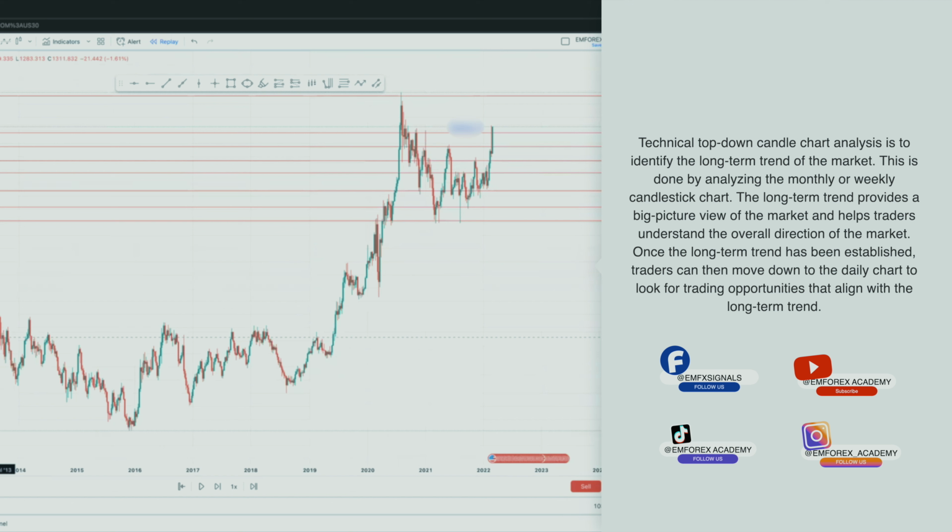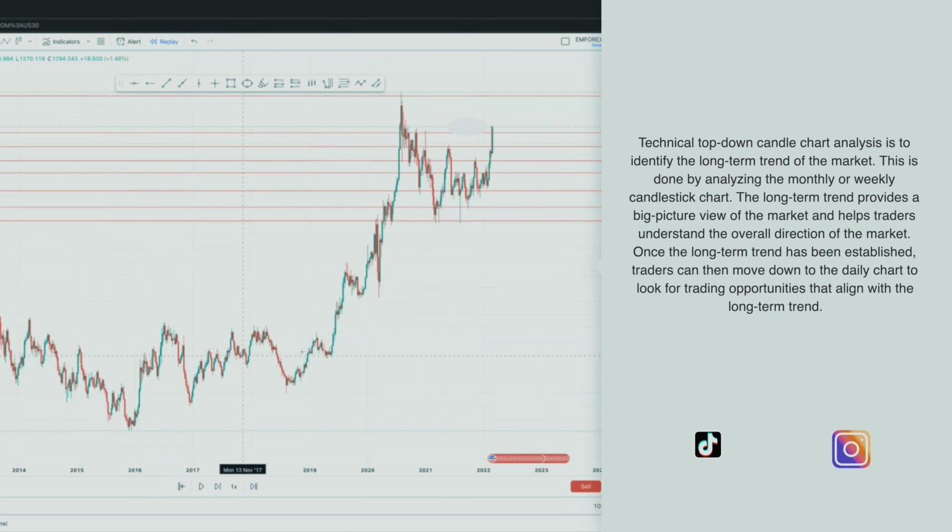The long-term trend provides a big picture view of the market and helps traders understand the overall direction of the market. Once the long-term trend has been established, traders can move down to the daily time frame to look for trading opportunities that align with the long-term trend.